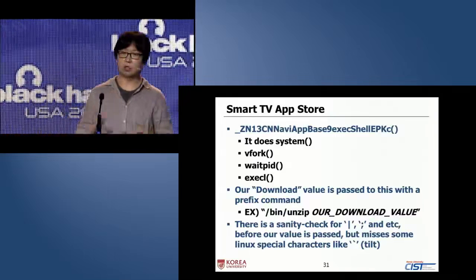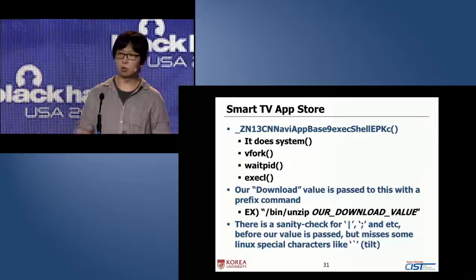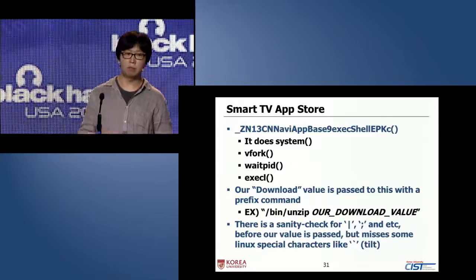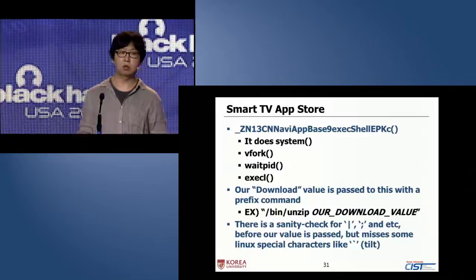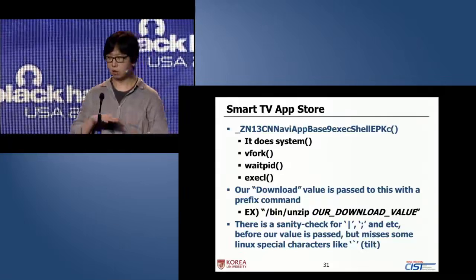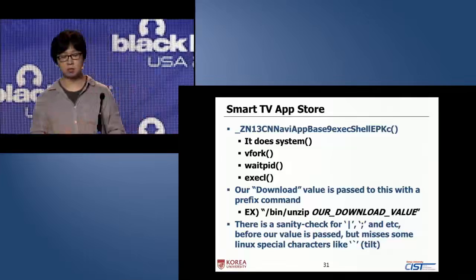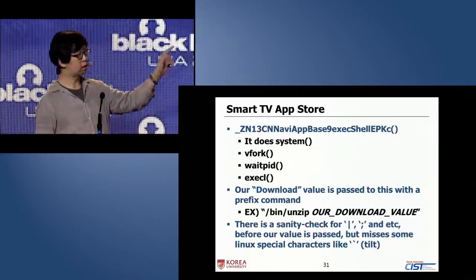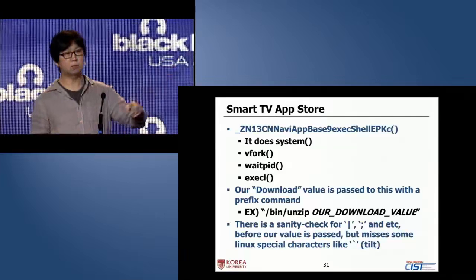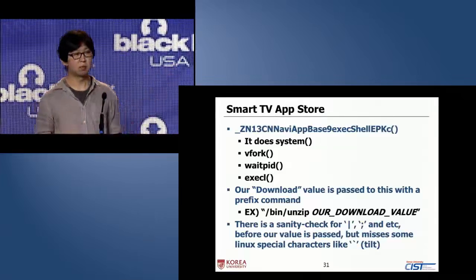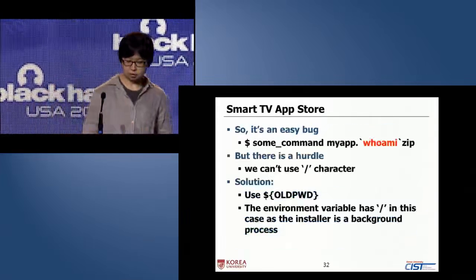They do very basic sanity checks, like if there is a pipe or semicolon in the URL. Pipe and semicolon are special characters in Linux. You could execute multiple commands at the same time, but they didn't check the tilde character. So tilde also allows multiple executions. So I was bypassing it.